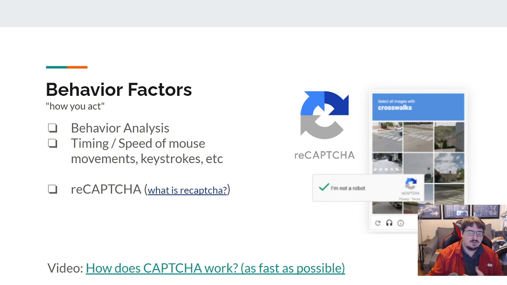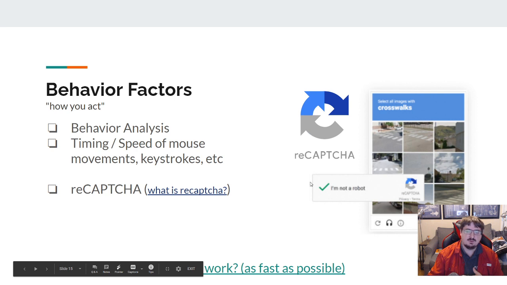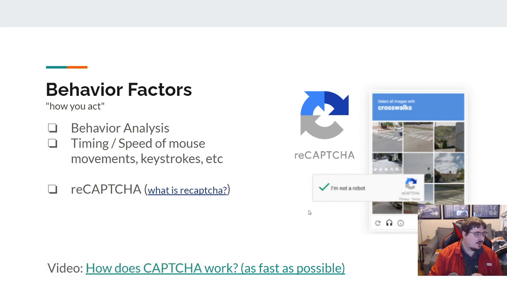So if you've seen this box, I'm sure you've seen this in a few places. You check the box and you say, "I'm not a robot," right? And oftentimes that's all you have to do, right? Just check the box. How does that work? How does me checking the box prove that I'm a human? Couldn't a robot check that box?